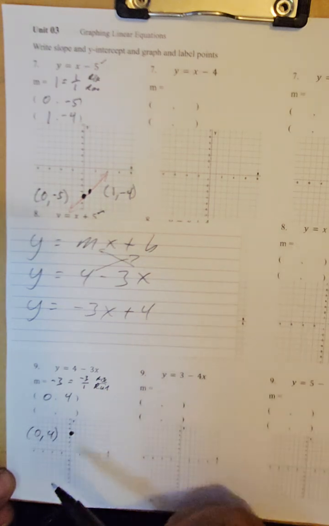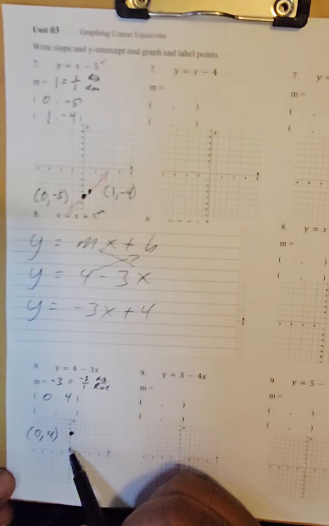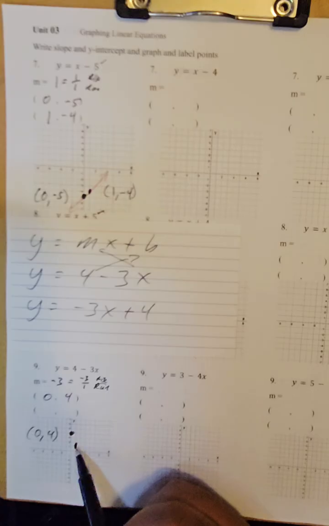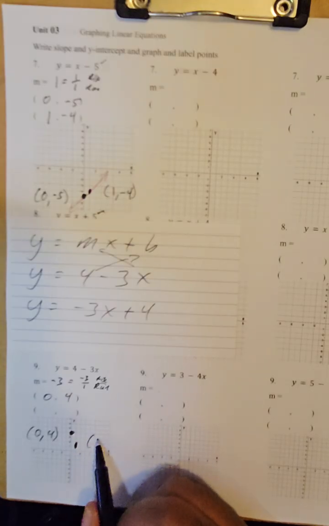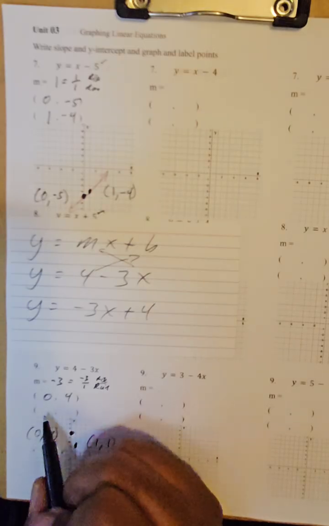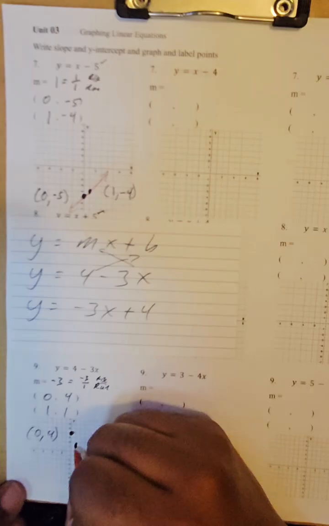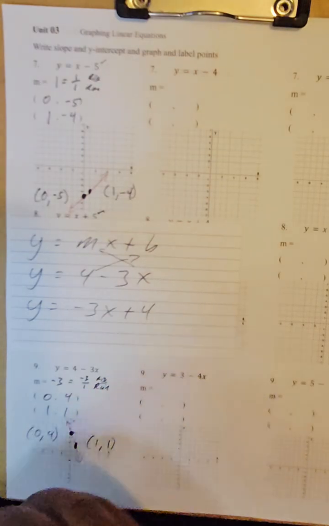So let's fall 3: 1, 2, 3, and then run over 1 to here. So this is our new point. I know I drew it badly. But the x for this point right here is 1, and the y for this point is also 1. So (1, 1). And then we'll draw a line through them, and we're finished.